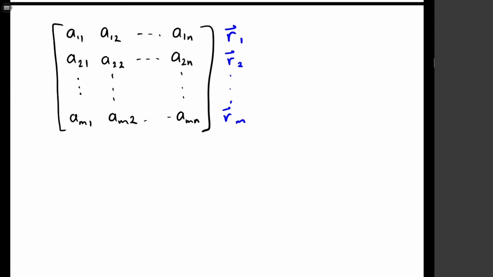I also want to make vectors out of these columns. So for the first column here, I'm going to call this the vector C1. Second column, call this C2, and C3, and so on.